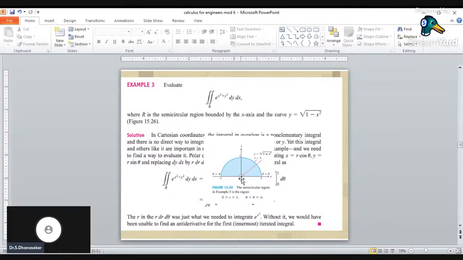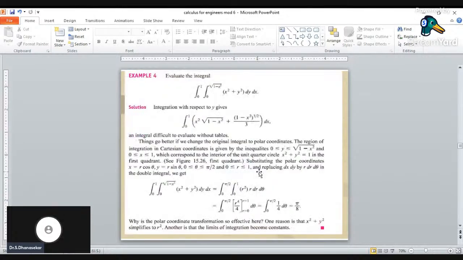So if I draw a radial line like this, it starts at 0 and ends at this curve. At this curve, my r is 1. Therefore, here I am putting 0 to 1, 0 to pi by 2, r square into r into dr into d theta. So we have to be very careful in this. Okay, so this is what the thing is.